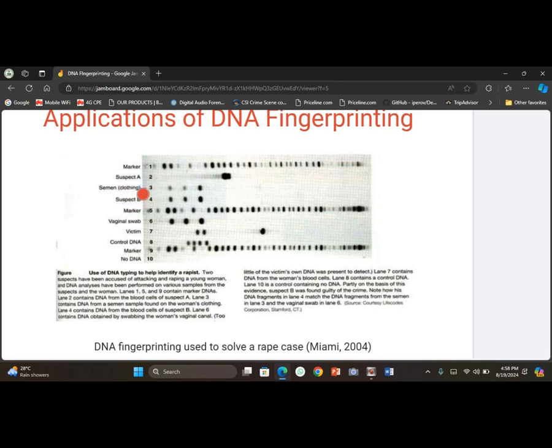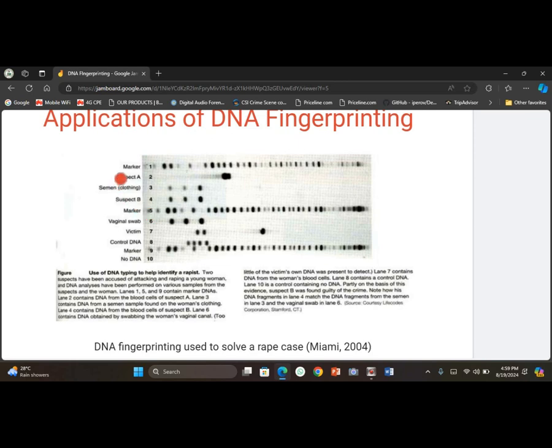We extracted the DNA from it, and from the vaginal swab from the victim, and we also took a blood sample of the victim for DNA. Then we have a control sample. The control sample is a cloth that was worn by her. Also, we took DNA from it.